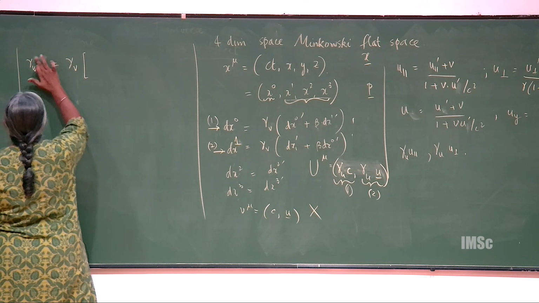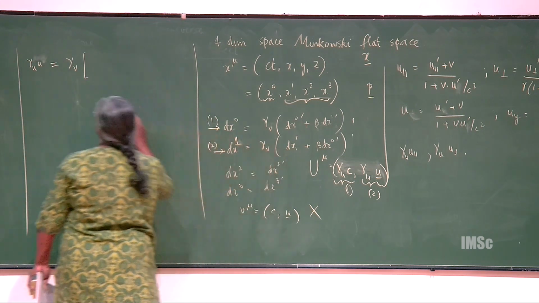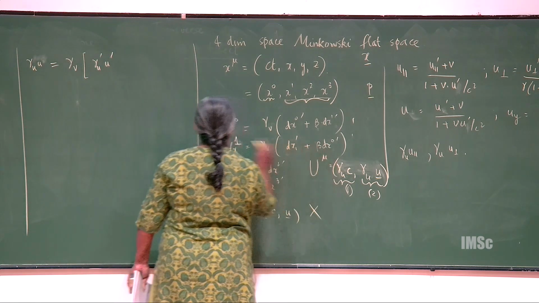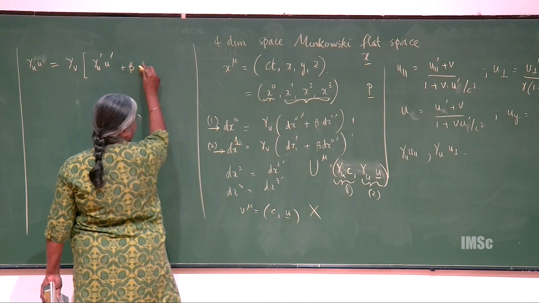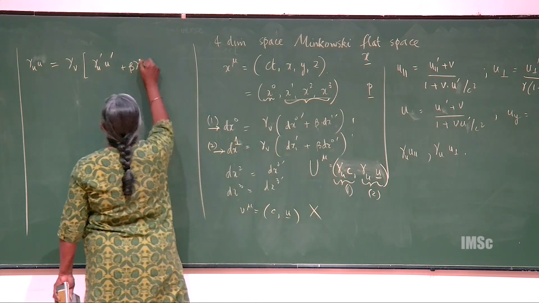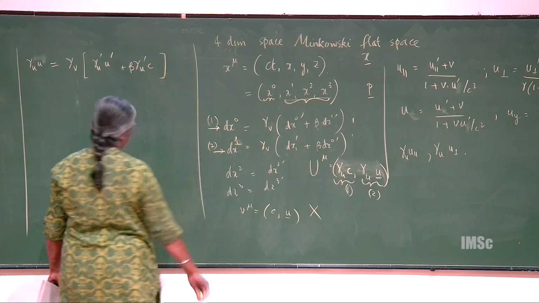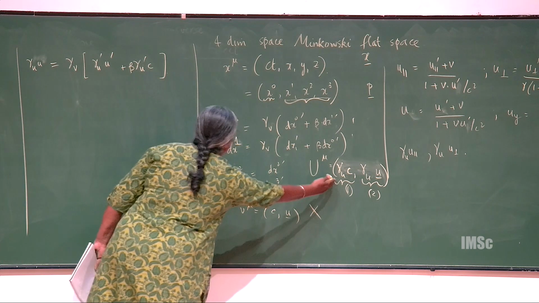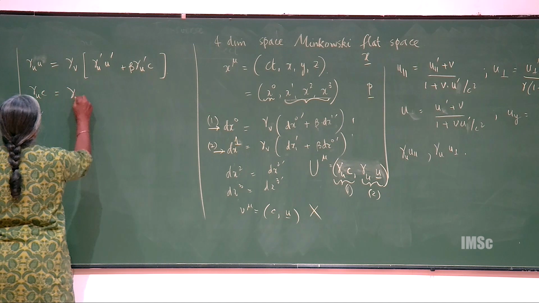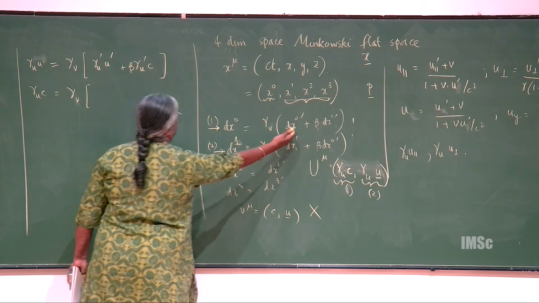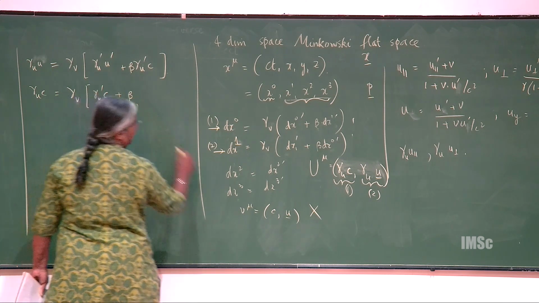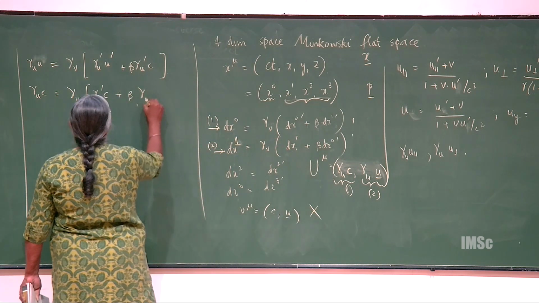So gamma u is equal to gamma v into gamma u prime plus beta, what is dx 0 prime, gamma u prime c. And similarly, gamma uc is equal to gamma v into this one, which is gamma u prime c plus beta times dx1 prime is gamma u.